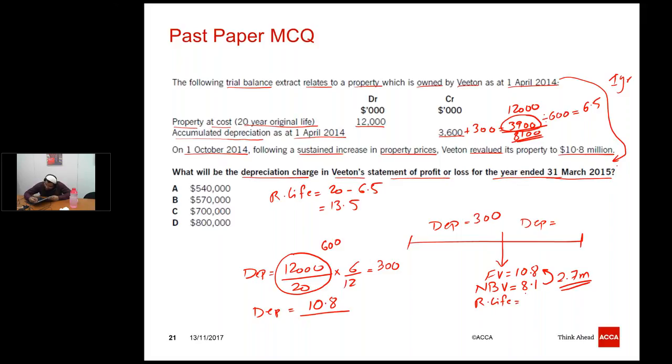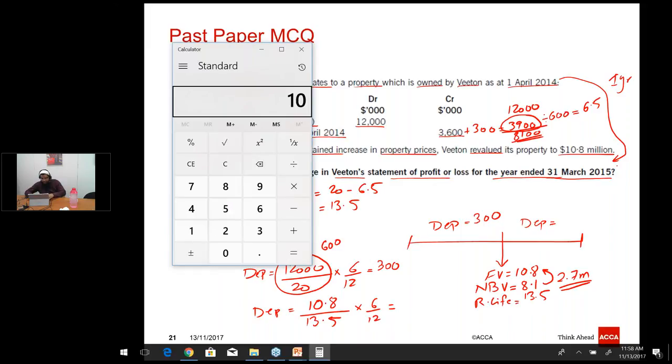So the remaining life is 13.5 and the depreciation is going to be 10.8 divided by 13.5 into 6 by 12. So 6 by 12, so that only 6 months depreciation is calculated. This is 0.397 million.